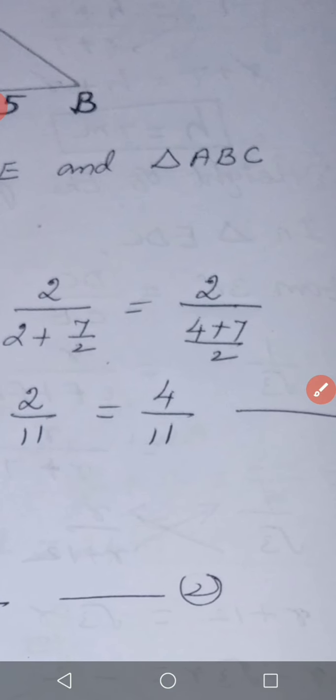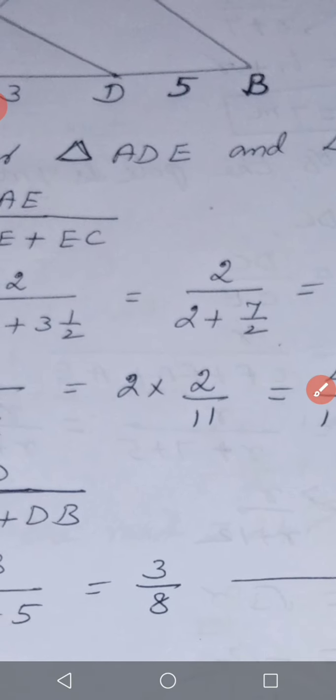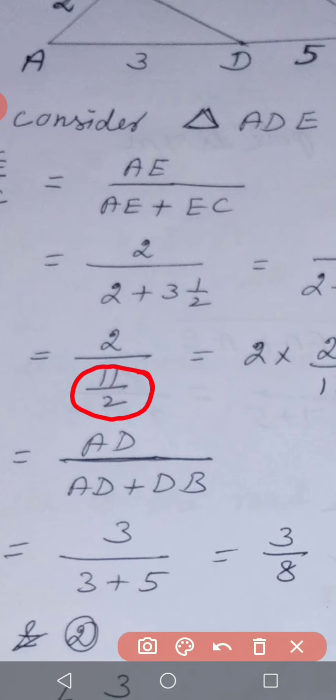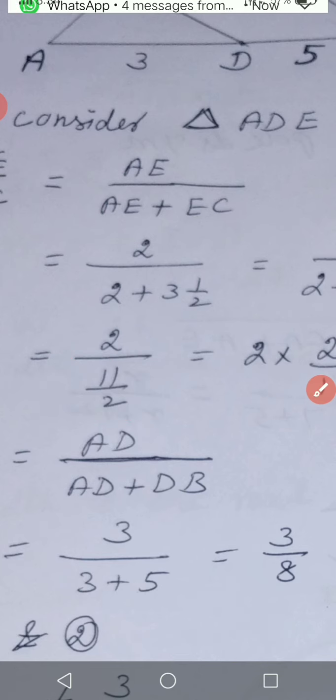See, I am writing here 2 by 4 plus 7 by 2, that is 2 by 11 by 2. Now this is in the denominator and it is a fractional number, so bring it into the numerator. While changing division into multiplication, the denominator gets reciprocal.